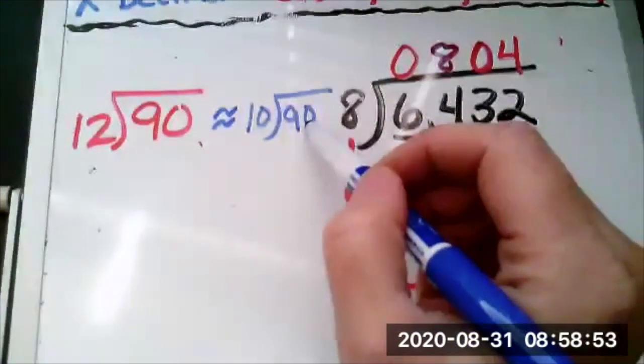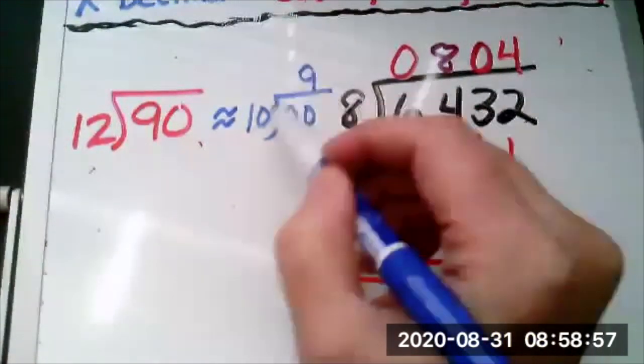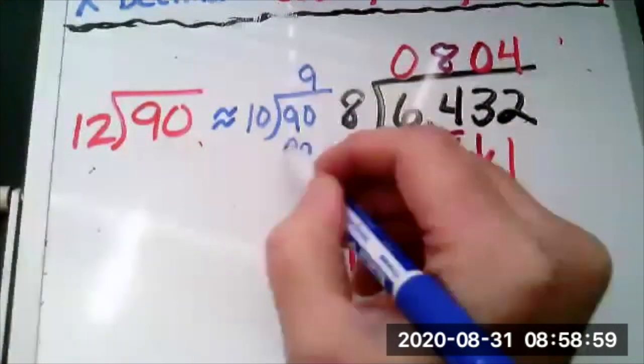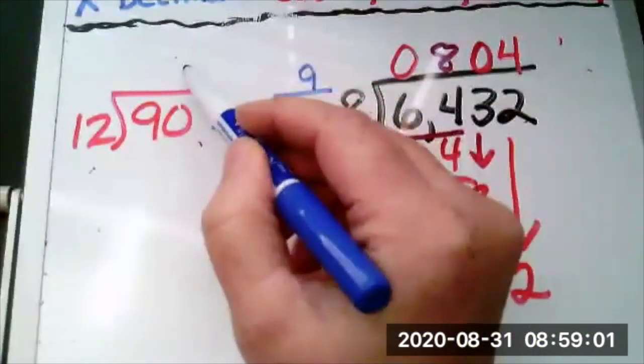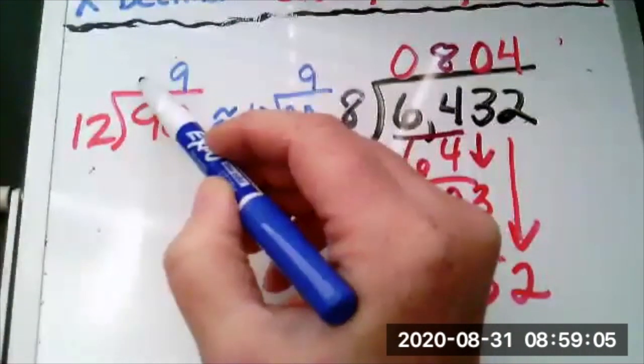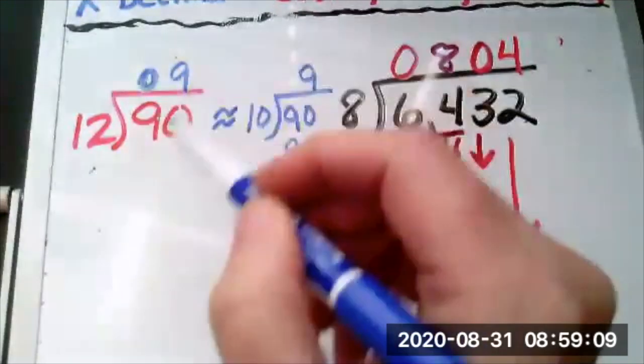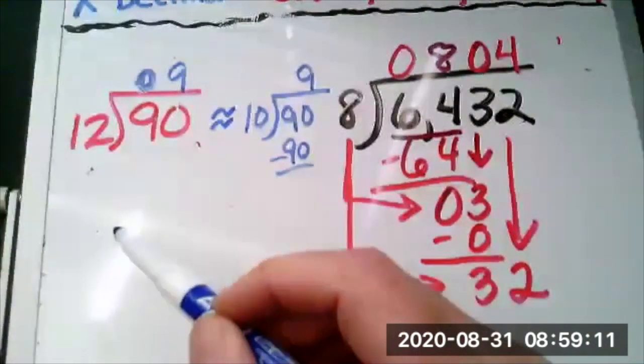So if 10 goes into 90 exactly 9 times, 9 times 10 is 90. I'm going to try 9 over here first. I know 12 doesn't go into 9, so I'm going to leave that place value and put my 0 there just to hold the place value.